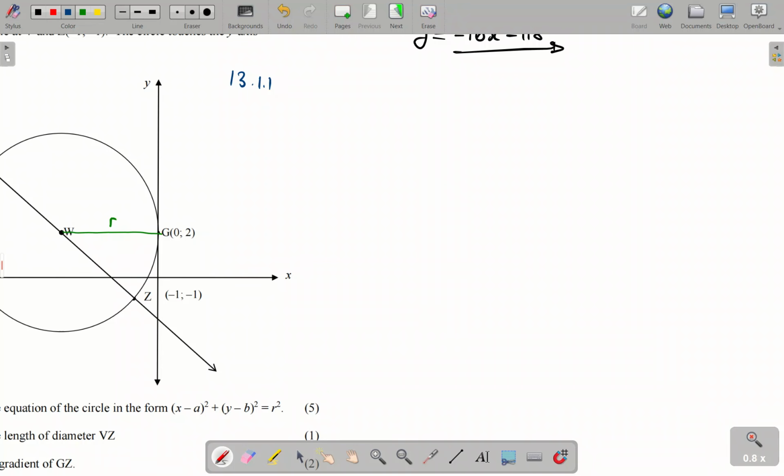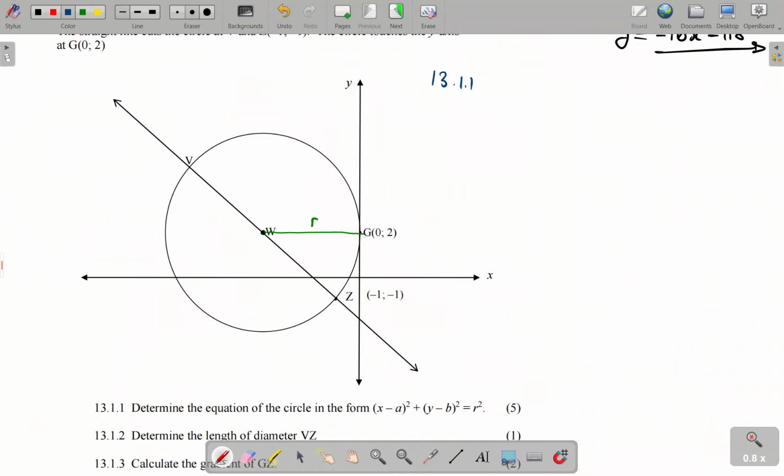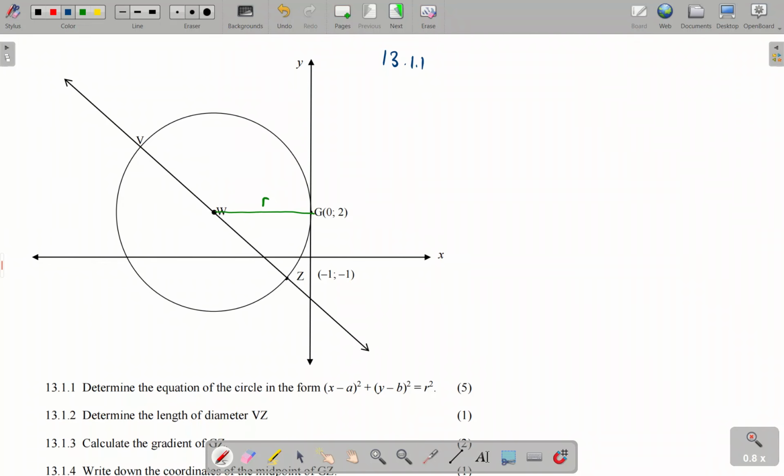So this is 13.11. They say that we have to determine the equation of a circle in the form x minus a squared plus y minus b squared equals r squared. So we need to find what a is, what b is, and what r is, for 5 marks. So we know the coordinate at W has to be x and 2 there.